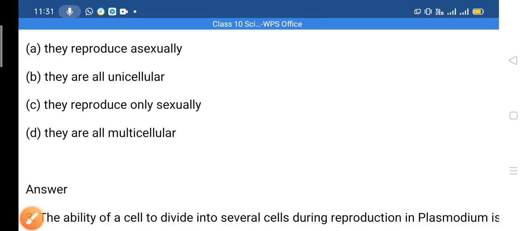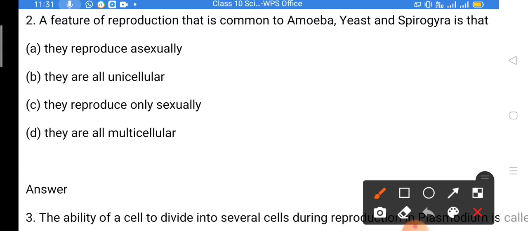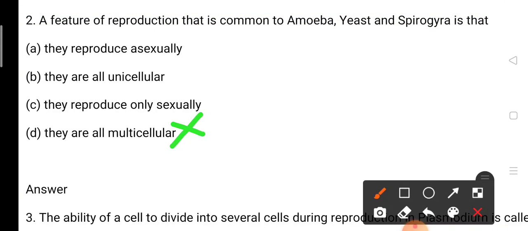And for option C, they reproduce only sexually. No sexual reproduction occurs in amoeba, yeast and spirogyra, so this is also the wrong option. Option B is they are all unicellular.